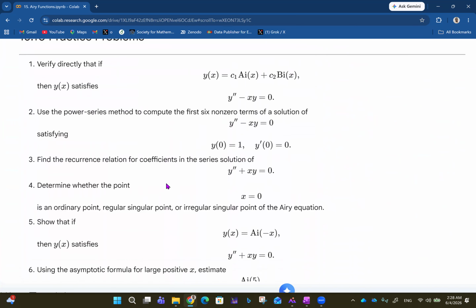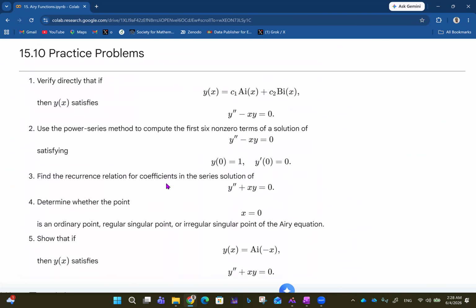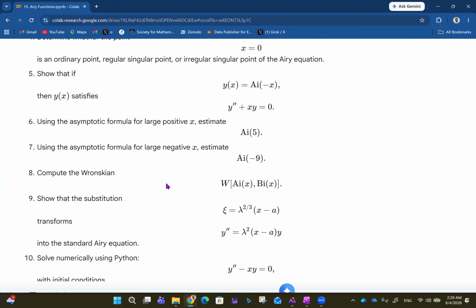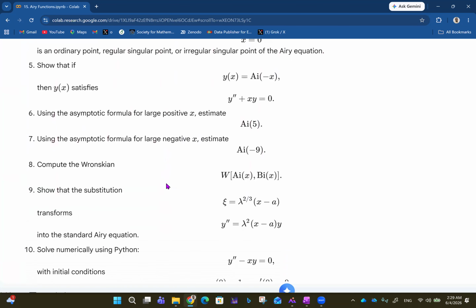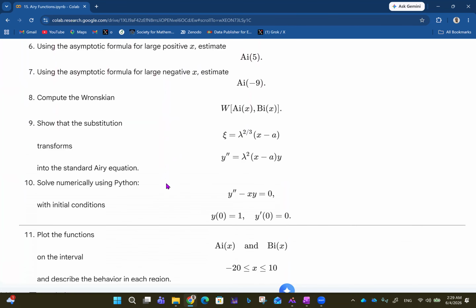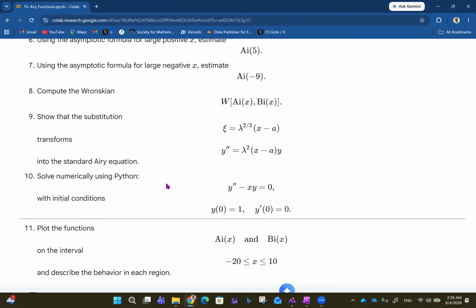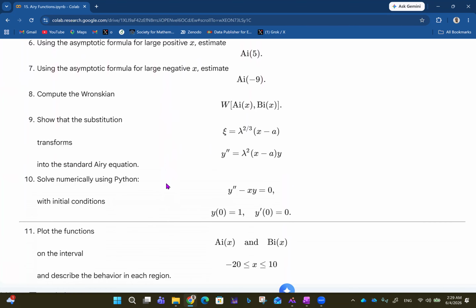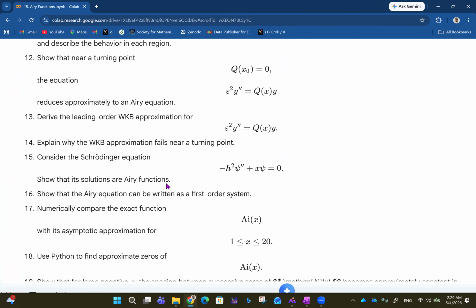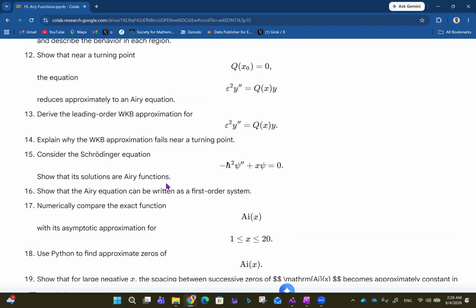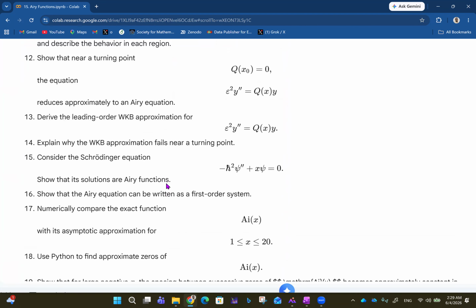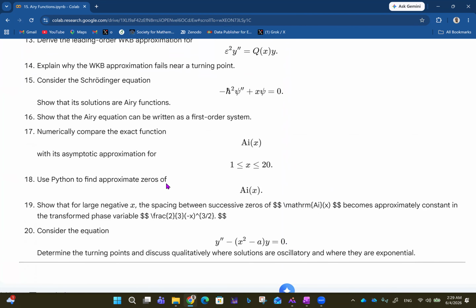You can see 1 to 5 here. I think I solved 8, right? Then yes, we did 8 for Airy equations. So this is now 6 to 11, and then we have 12 to 18, and then up to 20 now.